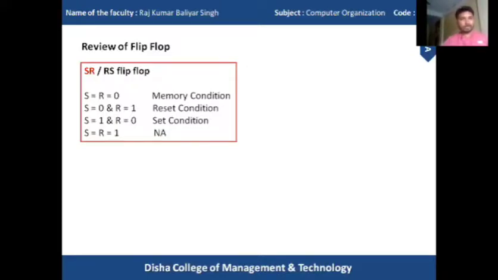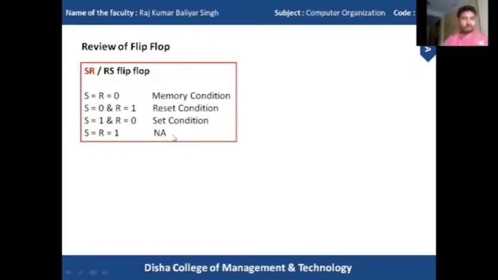We can develop this SR flip-flop by using the NAND gate or NOR gate also. According to that we can name it SR or RS. If it is RS flip-flop, this sequence can be changed. That means when S equals R equals 0, we are getting the not applicable condition in case of RS flip-flop, and this becomes set, this becomes reset, and this one is the memory condition.